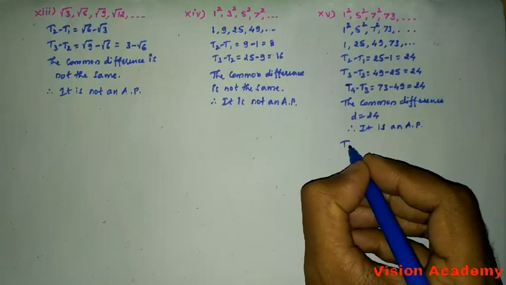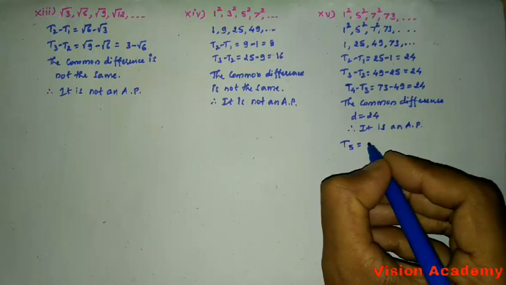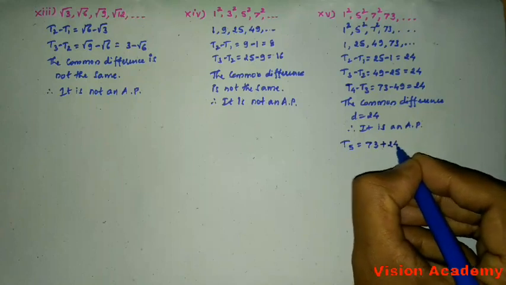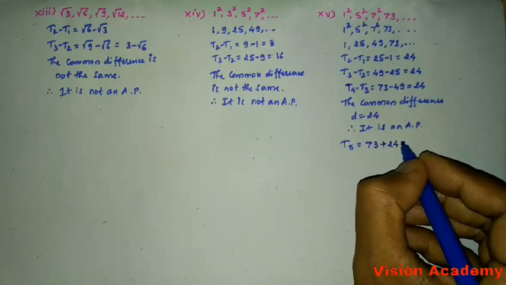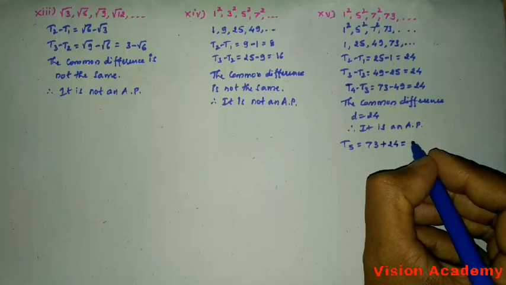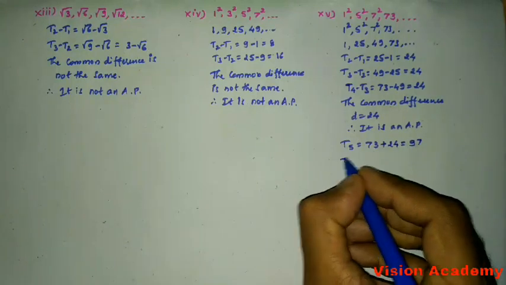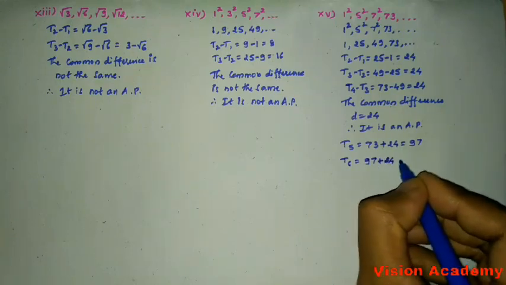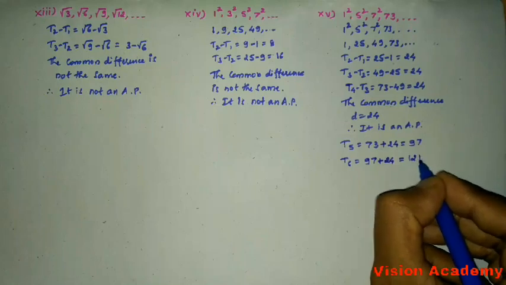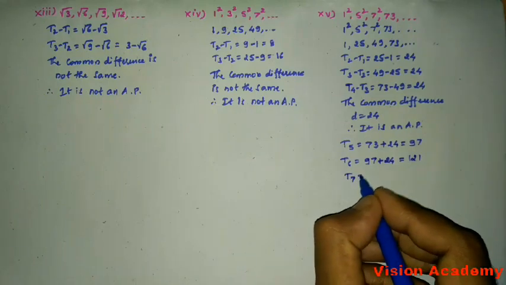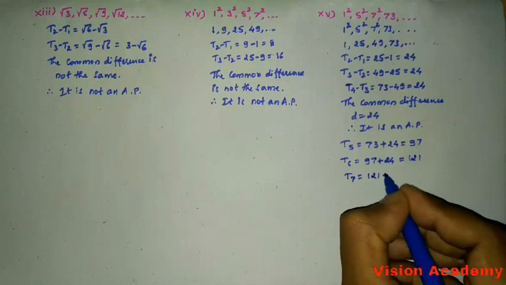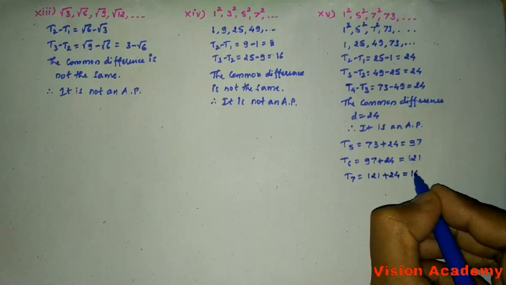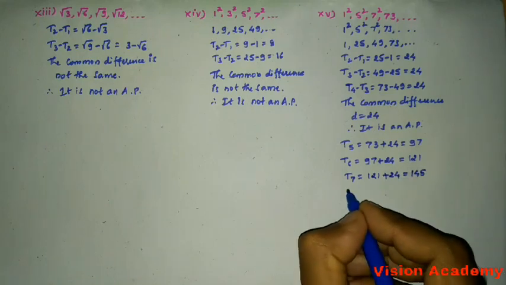Here T5 is equal to the last term 73 plus 24, which gives me 97. Next, T6 is equal to 97 plus 24, which gives me 121. Next, T7 is equal to 121 plus 24, which gives me 145.